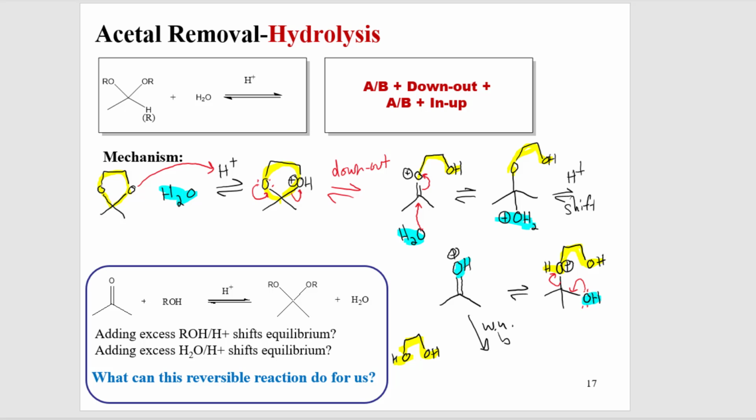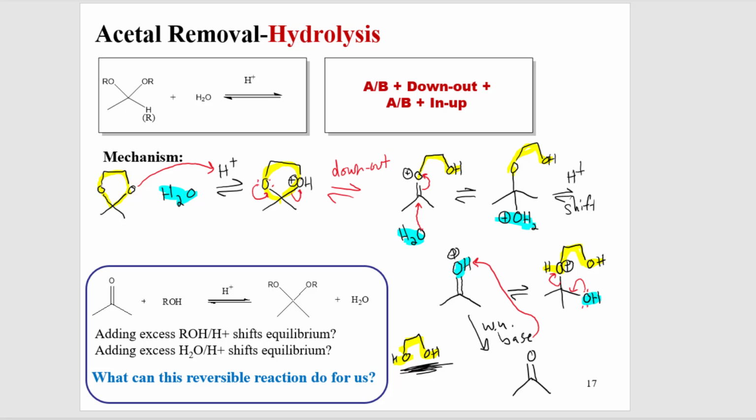So we add a base, a very mild base, to remove that extra proton and give us our desired carbonyl. And that's how you remove the acetal. So remember, it's Le Chatelier's principle. Add more water with acid, you drive it towards the carbonyl. Add more alcohol with acid, you drive it towards the acetal.